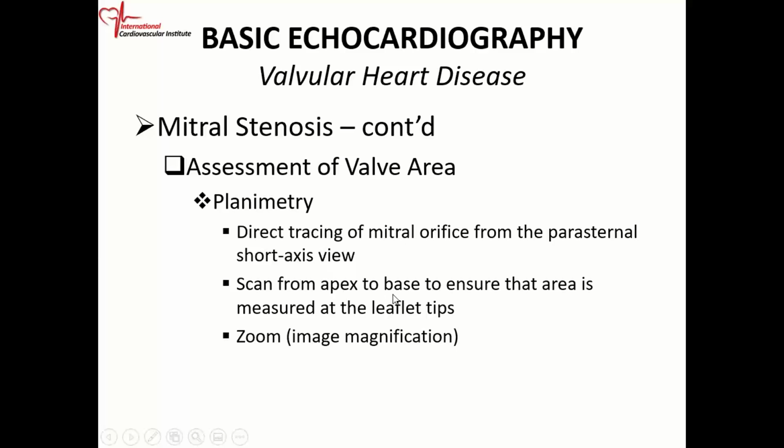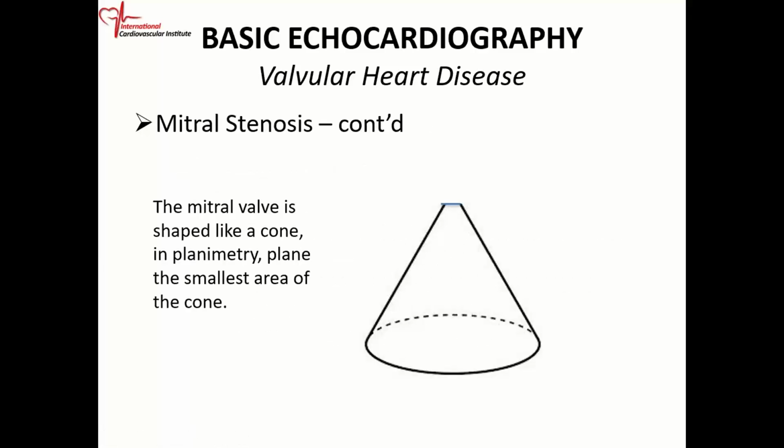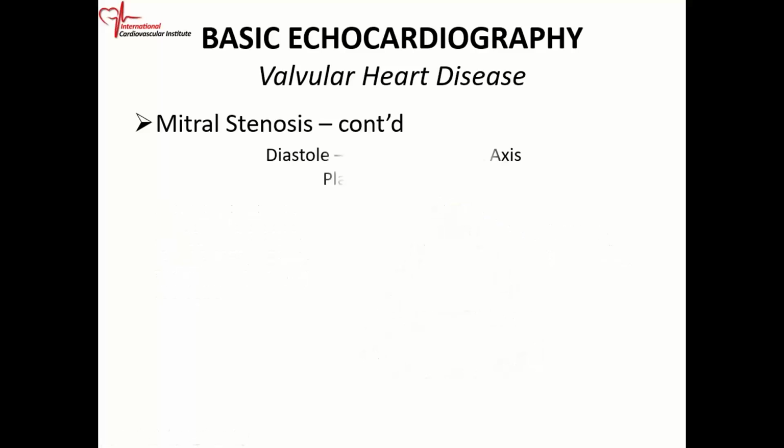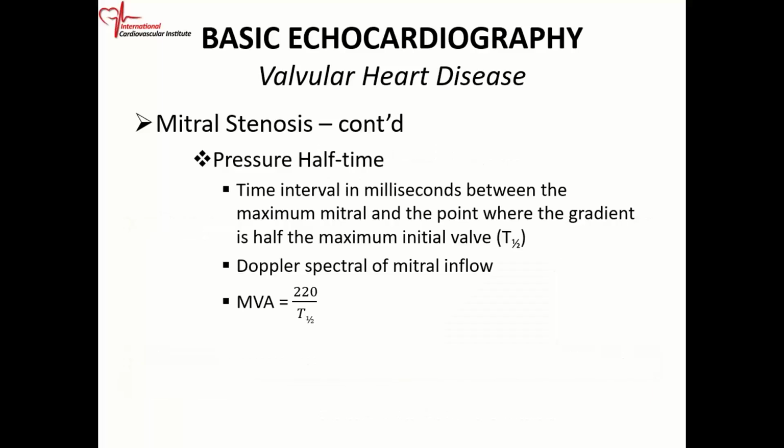You're going to scan from apex to the base to ensure that the area is measured at the leaflet tips. You're going to zoom. When you're doing any measurements in echo, remember you have to zoom. So again, the base, the tip, this is the most restricted area. So this is what you want to measure. Again, we showed you that before.